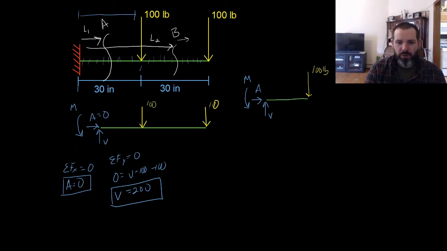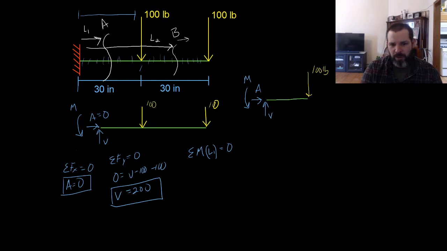If I sum the moments, now the section cut is at a random spot L1. So if I sum the moments at L1, it's going to equal 0.